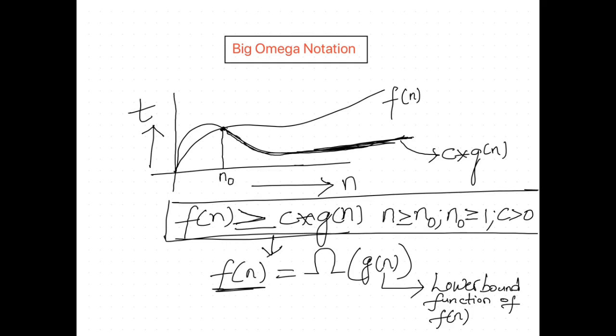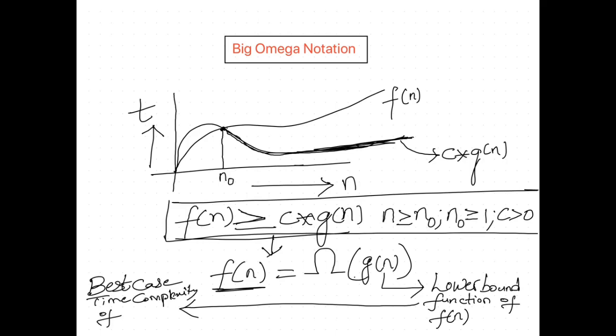That's why this is a lower bound function. Now this lower bound function g of n gives what? Best case time complexity of function f of n. This is very important.